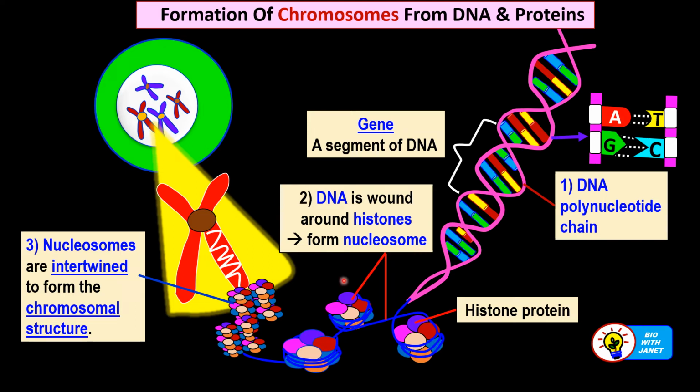Each nucleosome consists of part of the DNA molecule wound around histones. Then the nucleosomes are intertwined, so they are arranged and fitted together to form the chromosomal structure here.